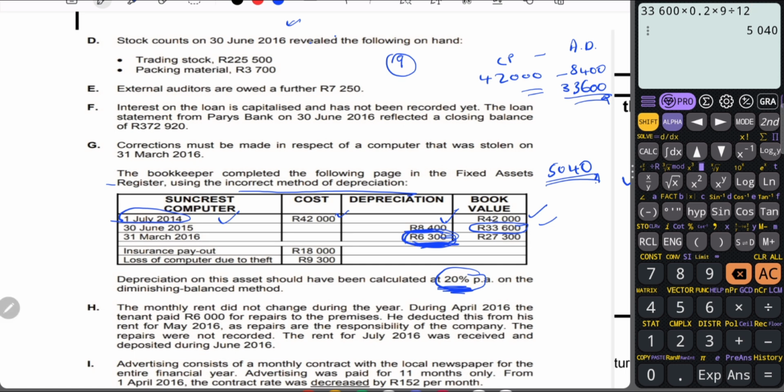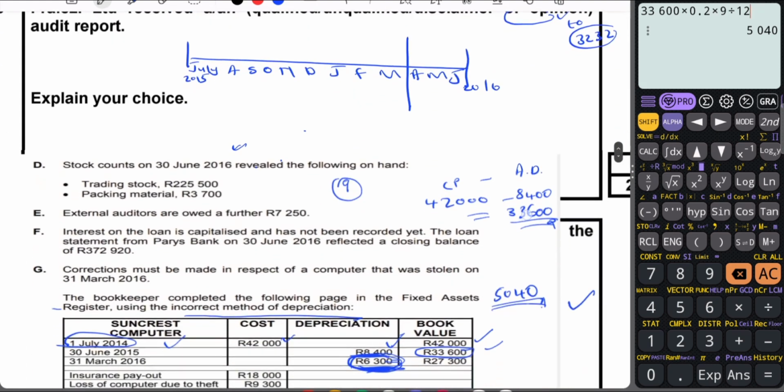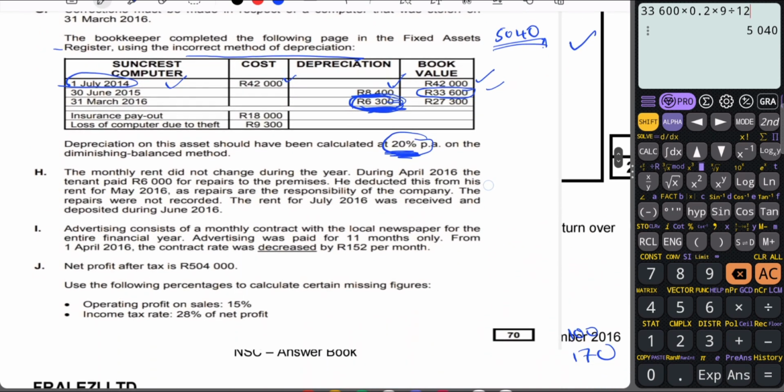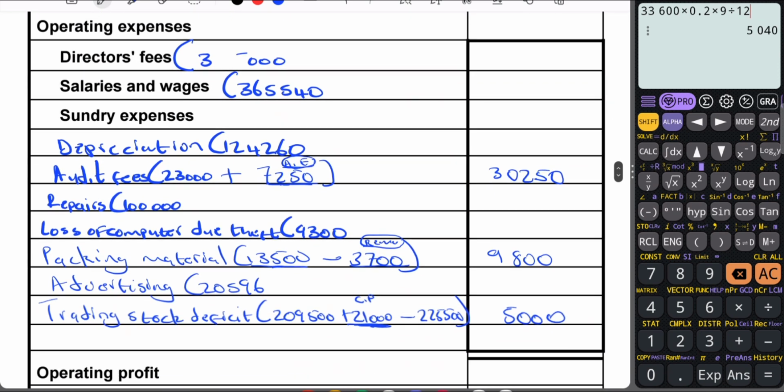Then now let's go and adjust it. We are given the depreciation as 6,300, and this 6,300 was recorded guys. So the first thing, we need to take it out. We take it out, 6,300.